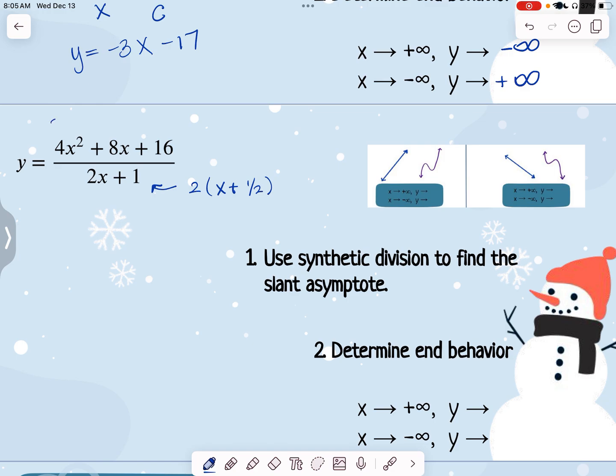And then I need to divide a 2 out of everything here. So 2x squared plus 4x plus 8. Okay, so I'm going to put negative 0.5 or negative 1/2 in the corner, and then I'm going to list my coefficients.